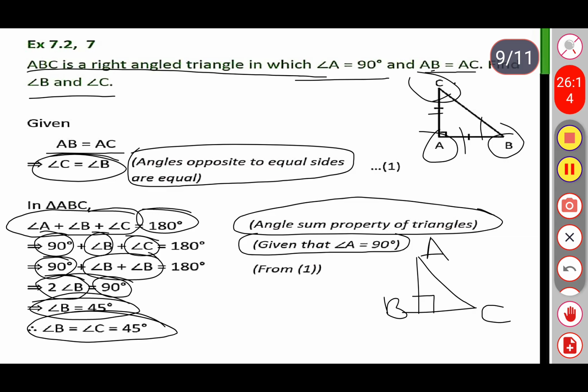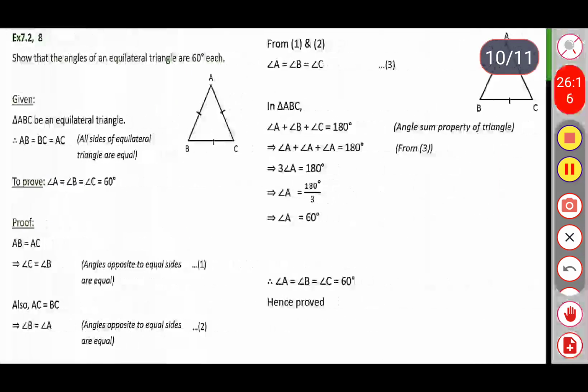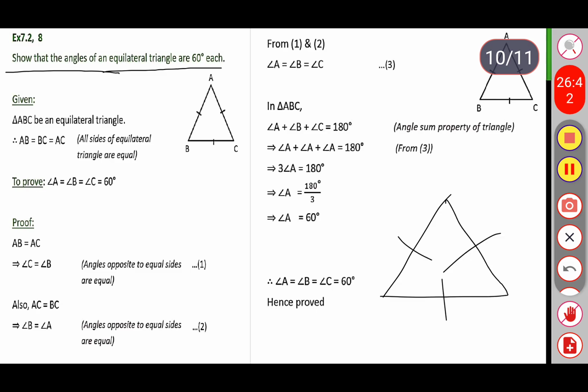Let's see the next question. Show that the angles of an equilateral triangle are 60 degrees each. So equilateral triangle means, you already know, all three sides are equal.